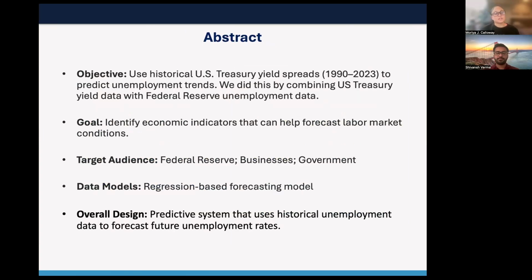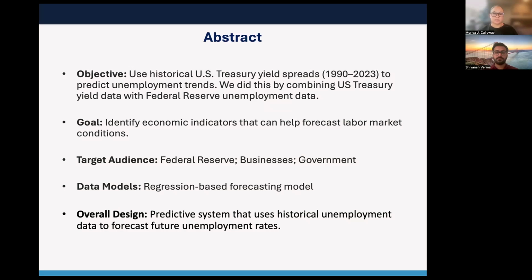Okay. So our objective was to use historical U.S. Treasury yield spreads from the time frames of 1990 to 2023, and we used these to predict unemployment trends. We combined these yield rates with Federal Reserve unemployment data to get our full data set.